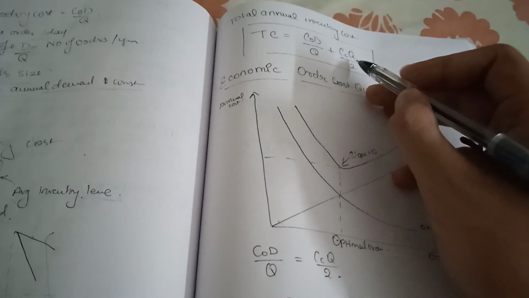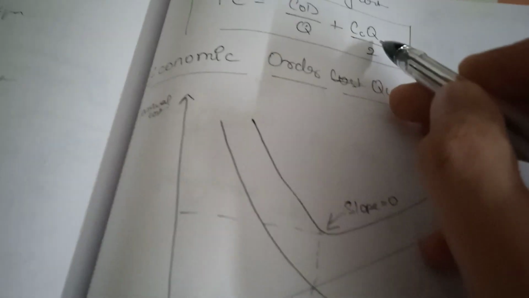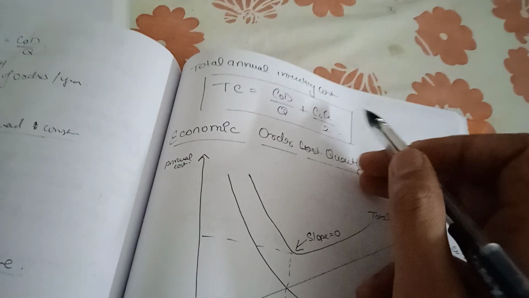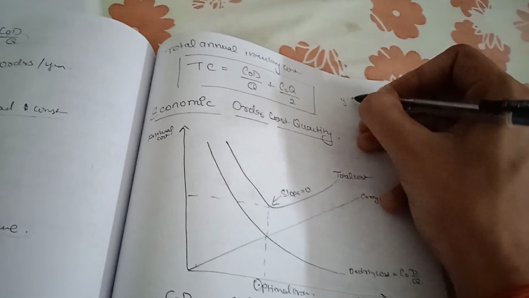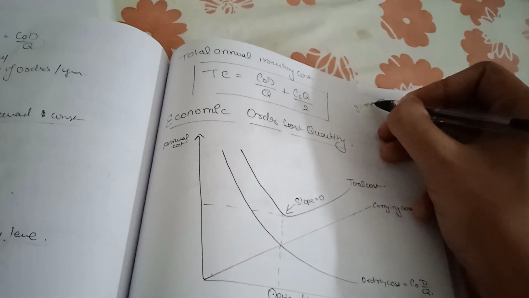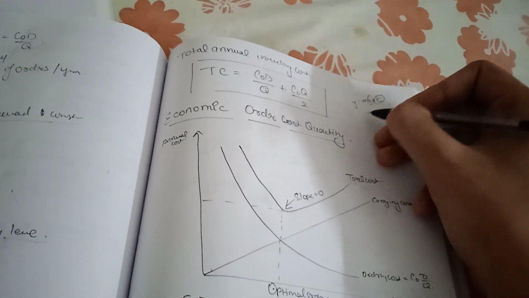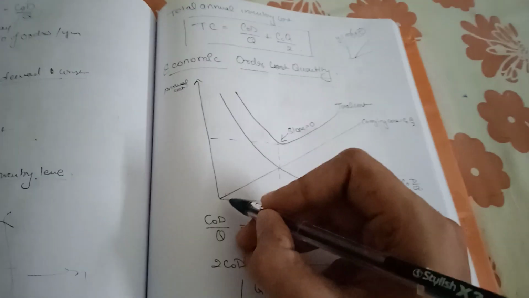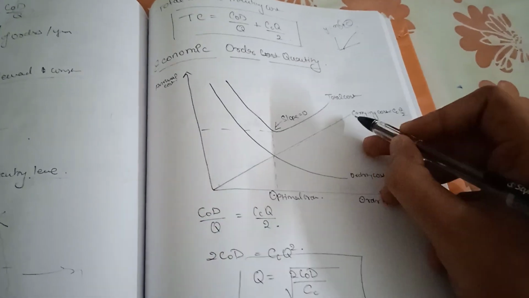In this formula, Q is in the numerator. Like y equals mx plus c, here c is 0 and x is a particular point. So definitely it will make this kind of graph, going in this way.